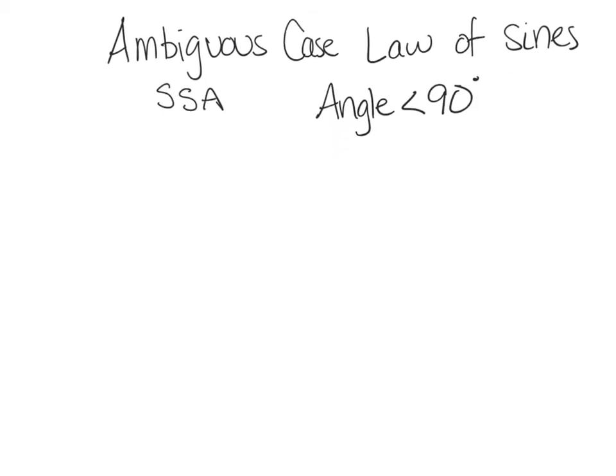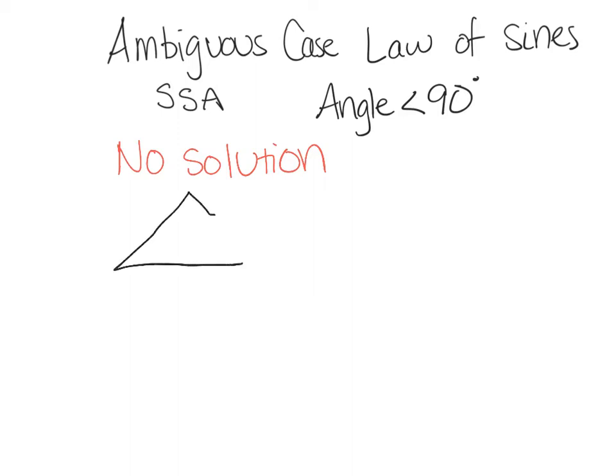I'm going to explain the three different scenarios, and then we'll do an example of each one. So first example we're going to have is a no solution. A no solution might look something like this. Something that doesn't even make a triangle.